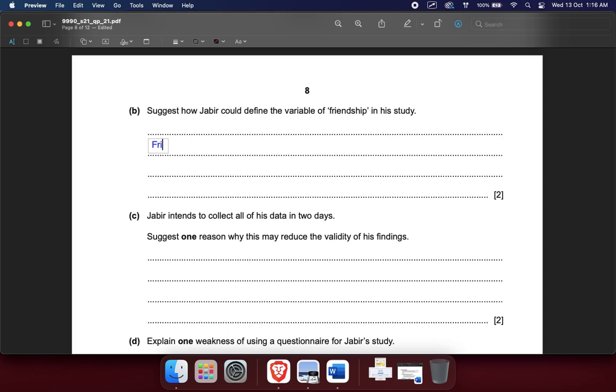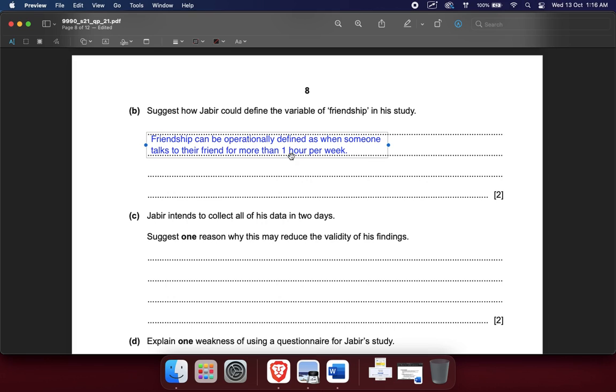So for example, friendship can be operationally defined as when someone talks to their friend for more than 1 hour per week. Okay, so if you talk to someone more than 1 hour per week, congratulations, you get the badge of friendship.